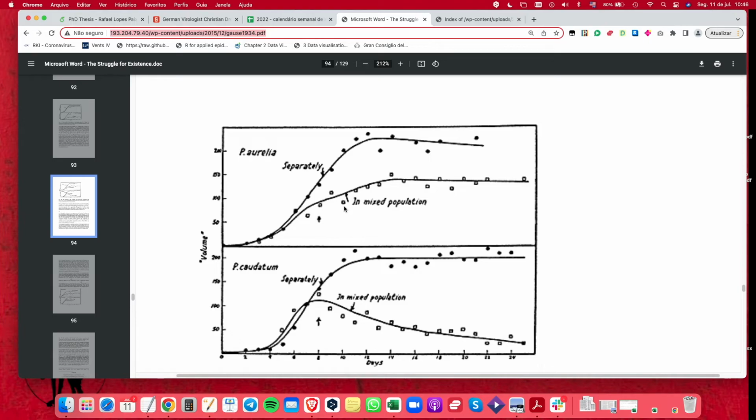I need light, I need water, whatever. And then there's another guy that also has a niche, which is not the same, but has an overlap. If this overlap is important, then you have this kind of elimination. And if the overlap is not very large, then you have the possibility of coexistence.